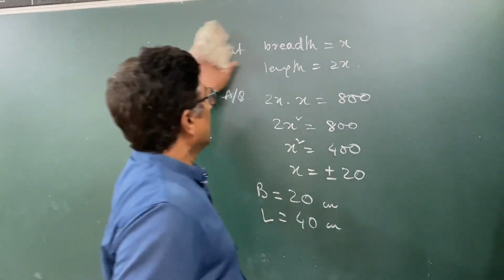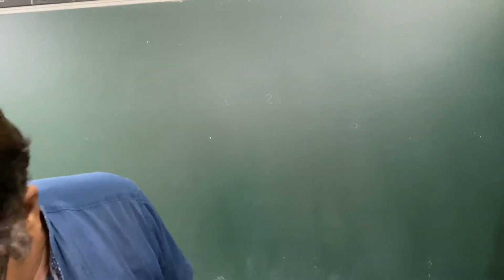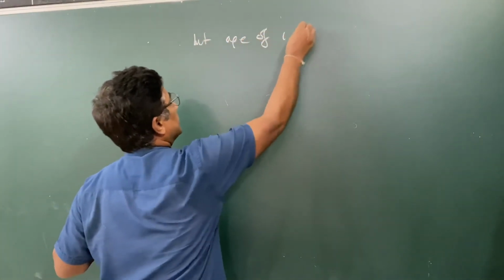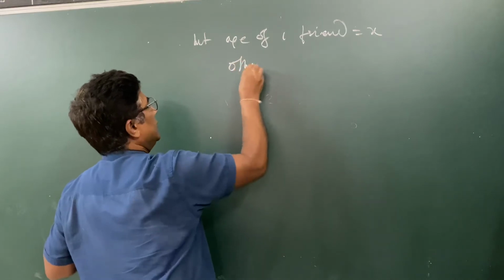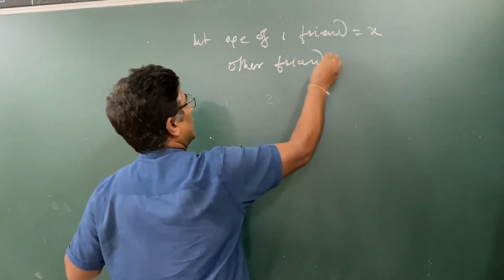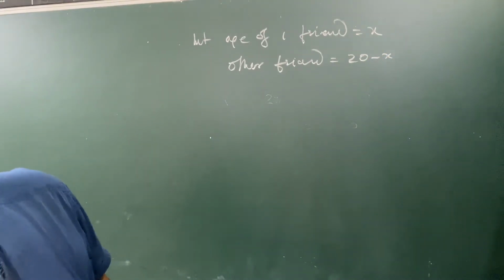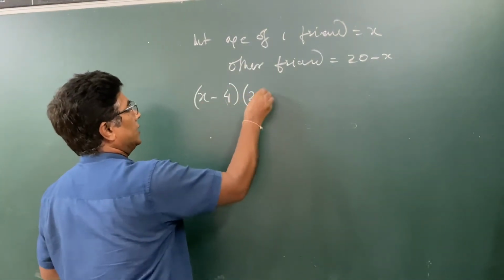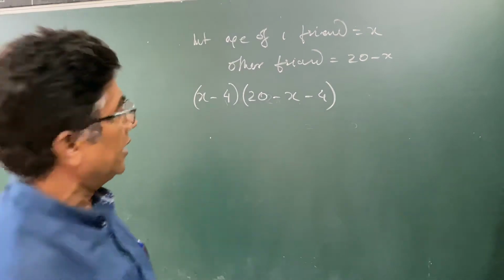Next one they told you, is it possible to determine that the sum of the ages of two friends is 20? Let the age of one friend be x. So the other friend will be 20 minus x. Then 4 years ago, the age of one friend will be x minus 4, and the other friend 16 minus x. 4 years ago, product of their ages is 48.